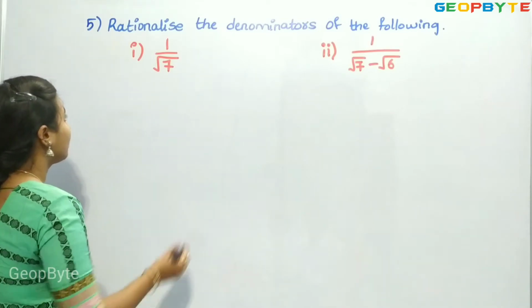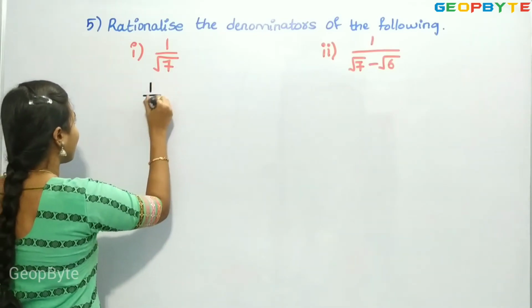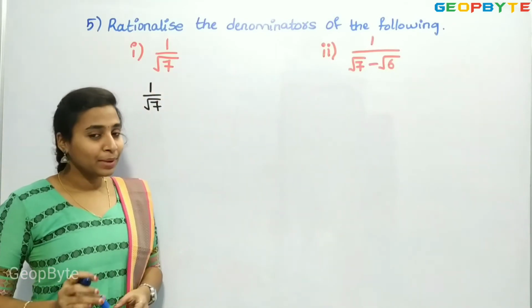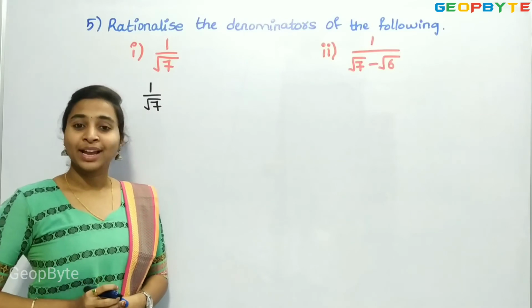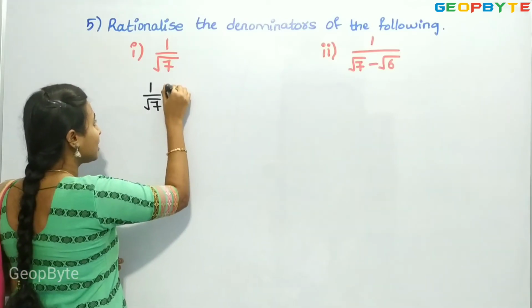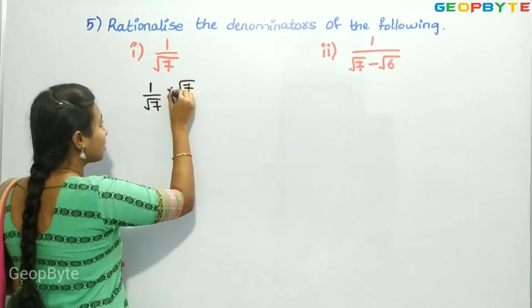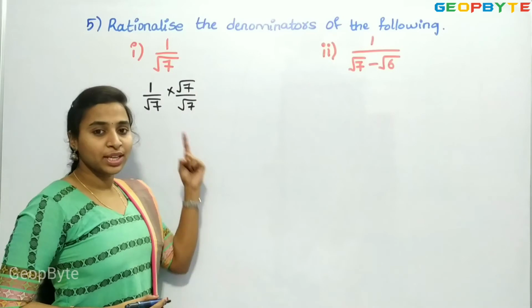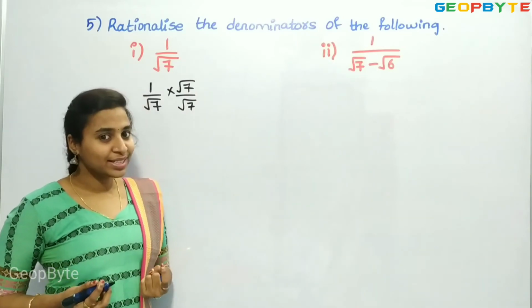So, we can write 1 by root 7 into root 7 by root 7, multiplying and dividing by root 7. Root 7 by root 7 gives you 1 itself.